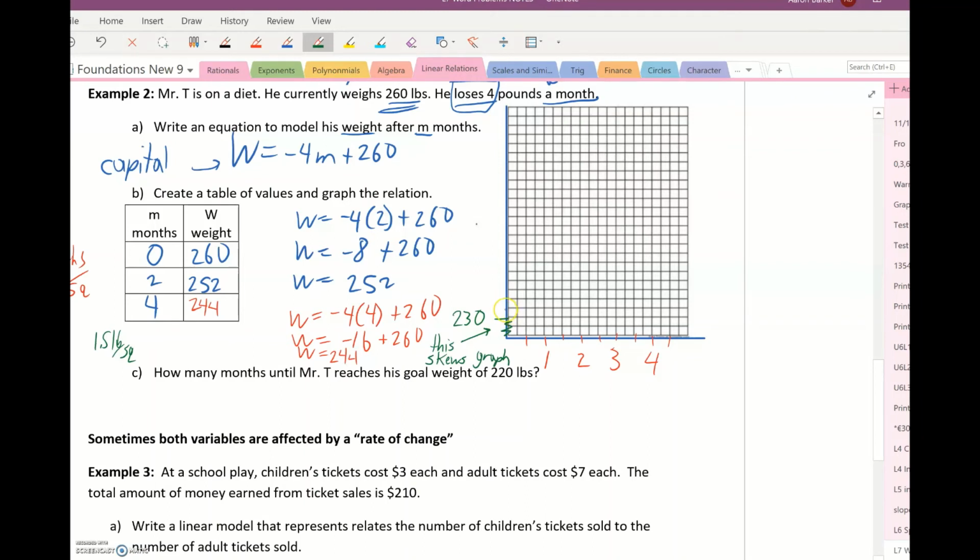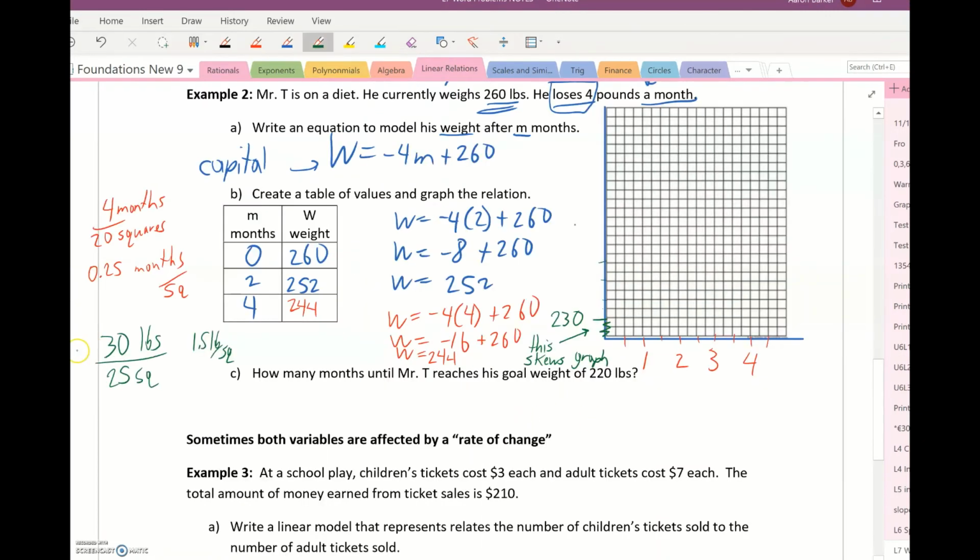3, 6, 9. Okay, so now as I look at this, I'm thinking, well, 1.5 pounds per square, that's going to be tough for me to do. So let's not do 1.5. Let's just increase that to 2 pounds per square and see where we get.